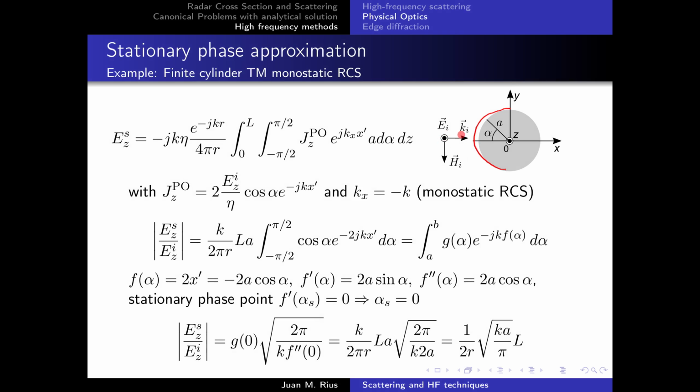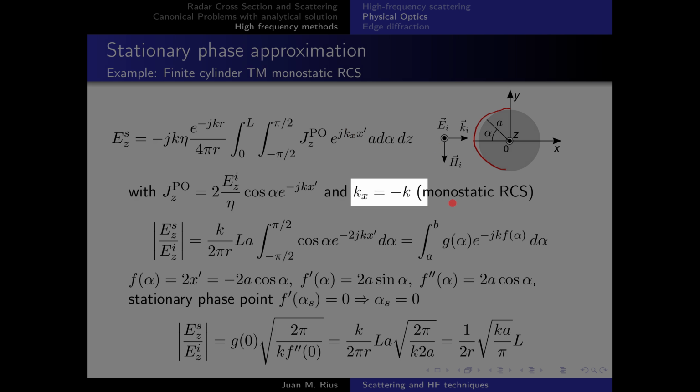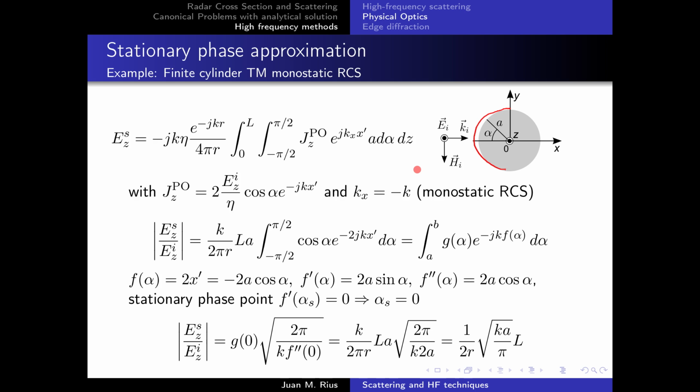The incident direction is along positive x, so the observation direction is along negative x. So here we have just the observation kx equal to minus k. In this observation direction, the observation vector r is already perpendicular to the current, so there is no trigonometric function due to the projection.